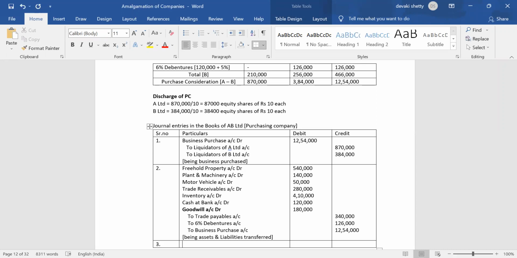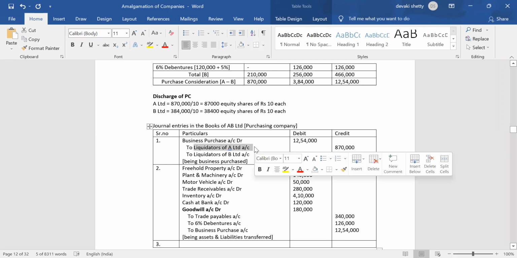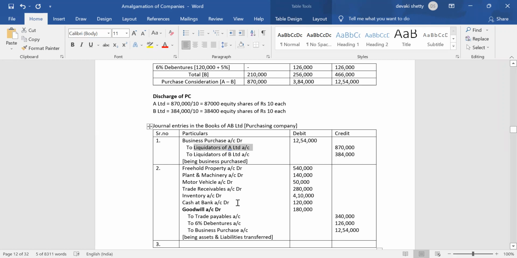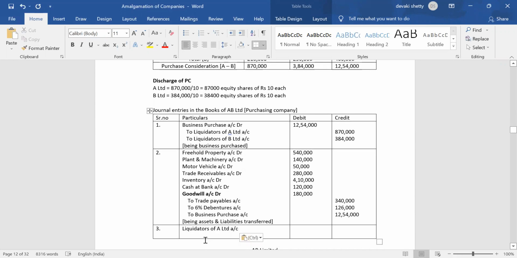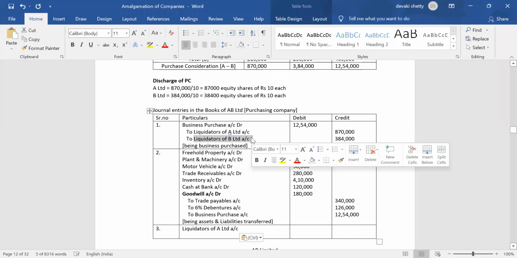Next entry is discharge of PC. So in it, these two, liquidators of A Limited which was in credit, now we will keep it in the debit, and liquidator of B Limited we will do it one only.